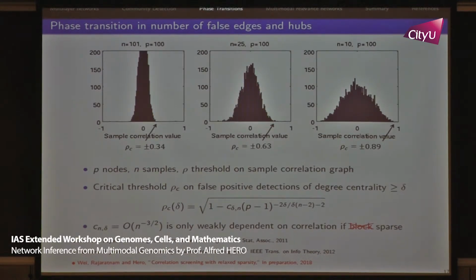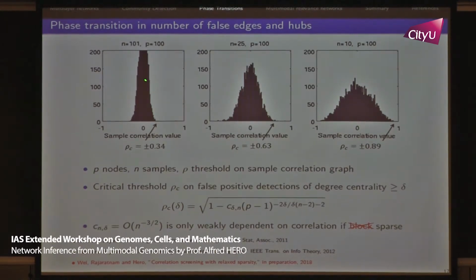There are some very late-breaking generalizations of that theory, which state that there is a phase transition that depends upon the threshold that you use to extract your edges from your sample correlation. It also depends upon the number of samples you have to construct the correlation and the number of variables. In a nutshell, if you have too few samples for a large number of variables, then you're going to get a lot of false positives.